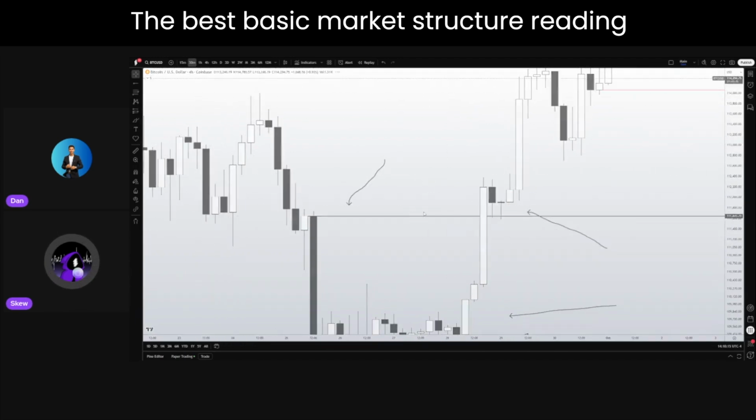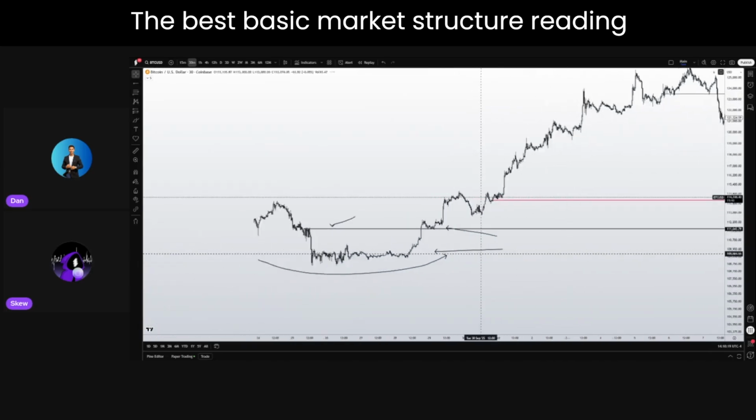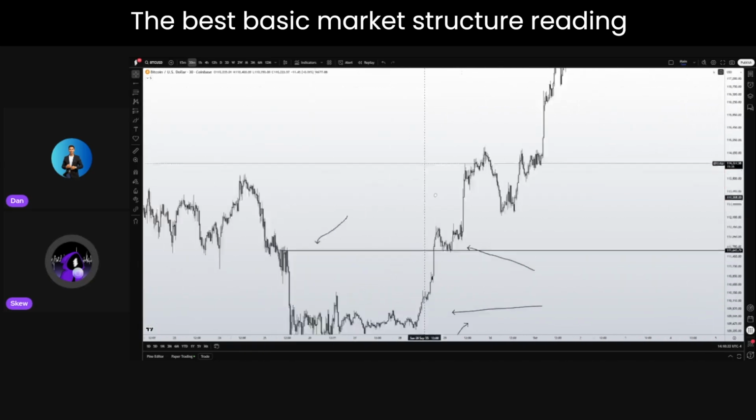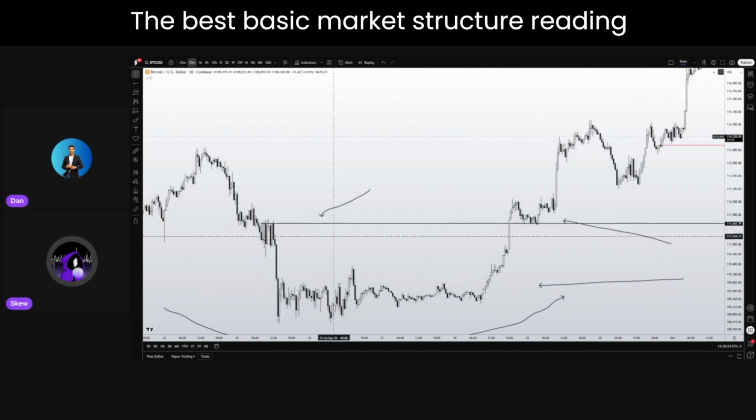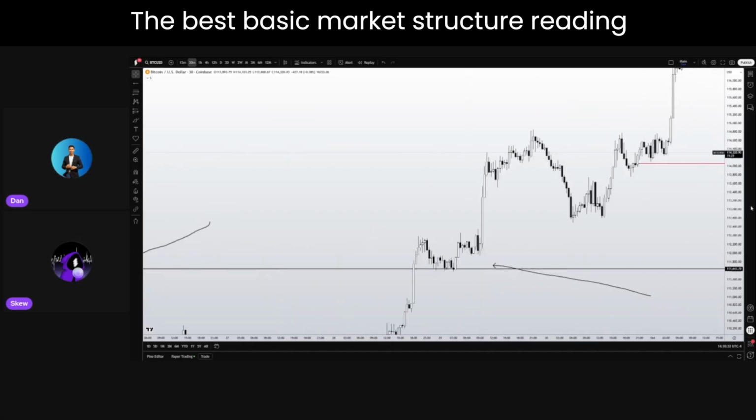So if we go to 30 minutes, on 30 minutes it's far more obvious. So you have consolidation, price retests it, and then it goes up. This is the perfect confluence that I'm talking about, where you can have multiple different time frames, but it tells you the same story.